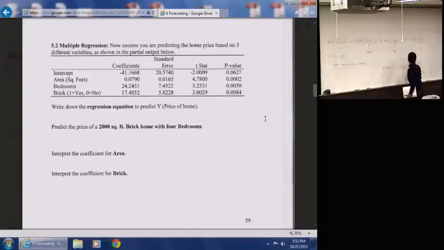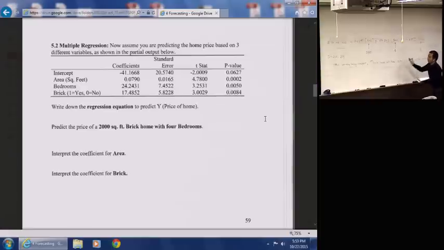If you have the brick house, the brick house will have more value than the non-brick house, right? So it's always compared with the other one.